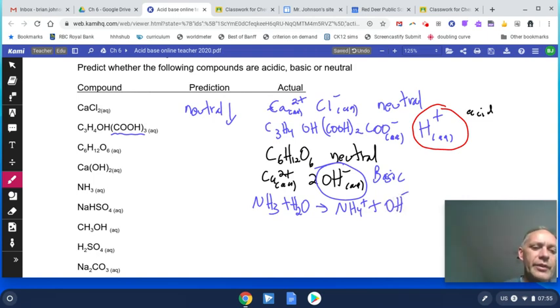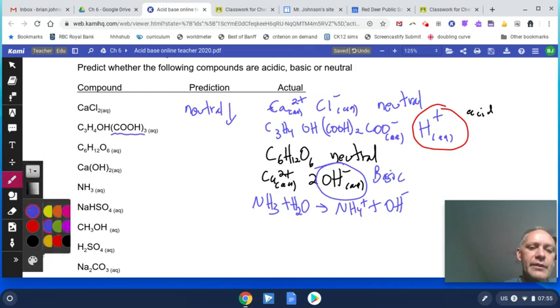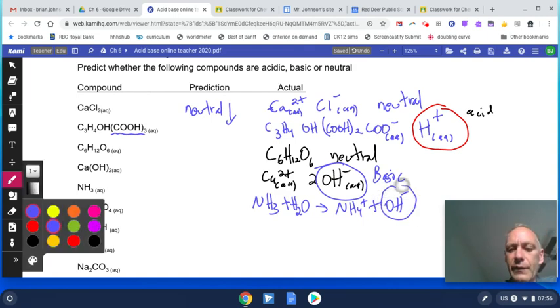And OH minus is a base. Wow, that's tricky. So ammonia is considered basic. In water, it can create hydroxide ions. Tricky.